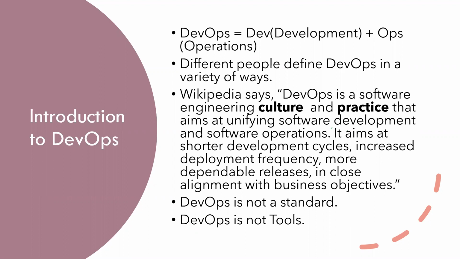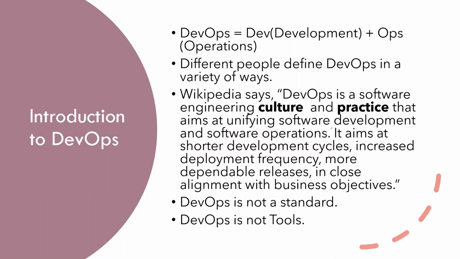And what does it aim for? It aims for shorter development cycles, increased deployment frequency, and more dependable releases, in close alignment with business objectives. At the end, your business objective should be achieved, and how? By having shorter development cycles, increased deployment frequency, and more frequent releases. Using all this, you can achieve your business objectives.